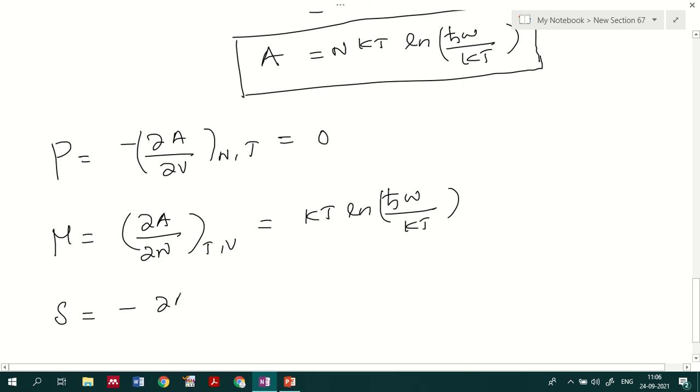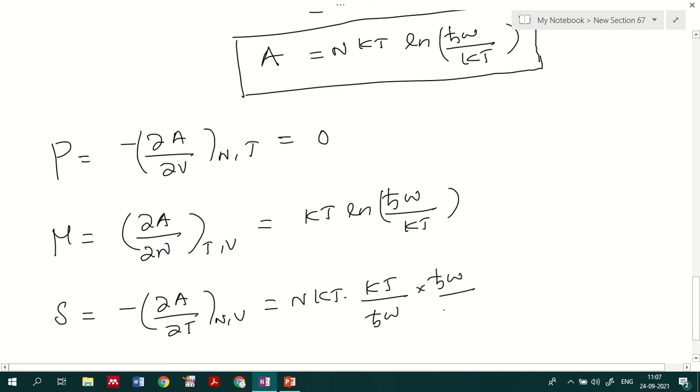So entropy is represented as minus dou A by dou T at constant number of particles and volume. When you do that, you get nkt into kt by h cross omega into h cross omega by k in minus 1 by t square, plus ln h cross omega by kt into nk, because here we have to differentiate with respect to t.